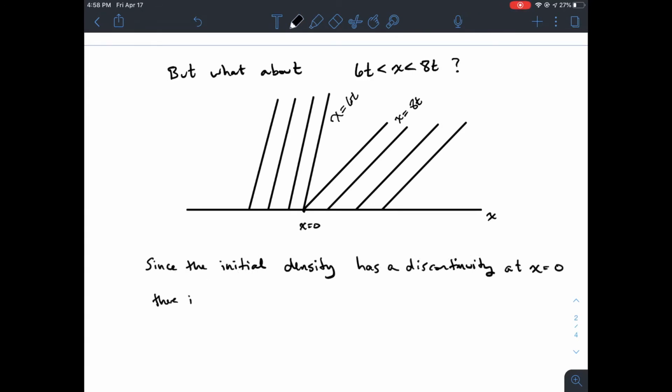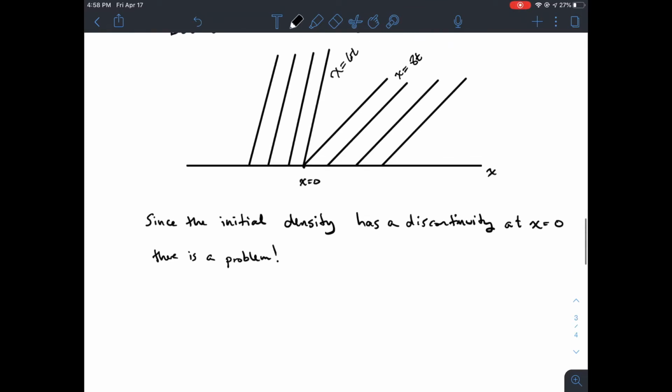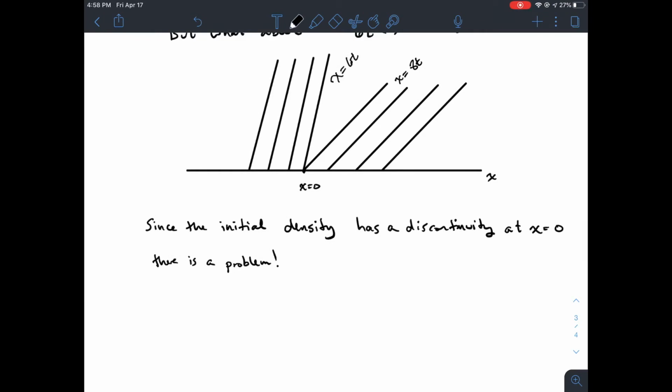And so we have to figure out what is actually going to go on in between there. The reason this happens is because there's an initial discontinuity in the rho, right? Rho has a jump. So that's why you see how this is basically the way the jump percolates through time, right?